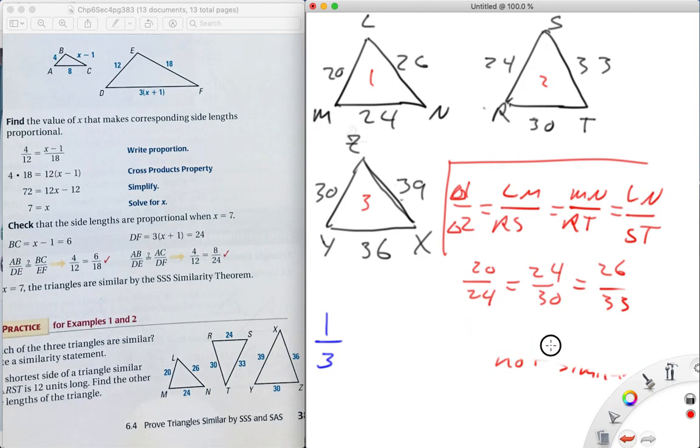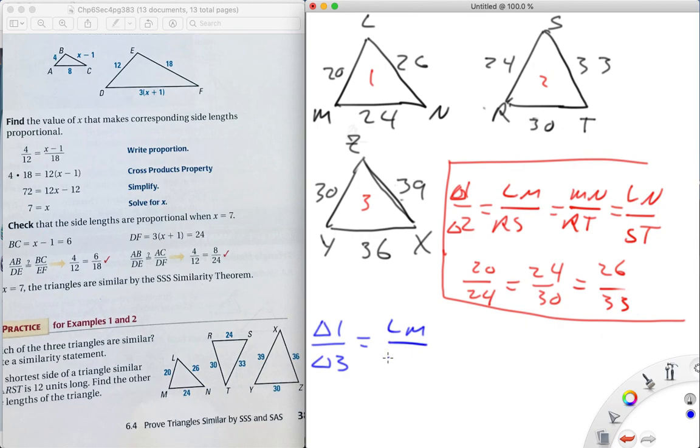Okay, so now over here, I mean, it's a good chance that these two guys are similar down here. So let's check it out. So triangle 1 to triangle 3. So small side, LM over ZY, MN over YX, and then LN over ZX.